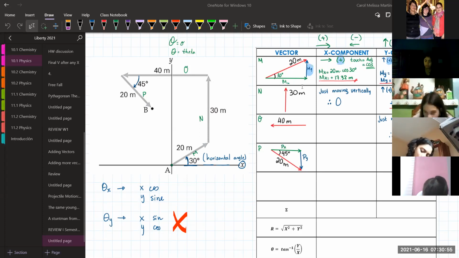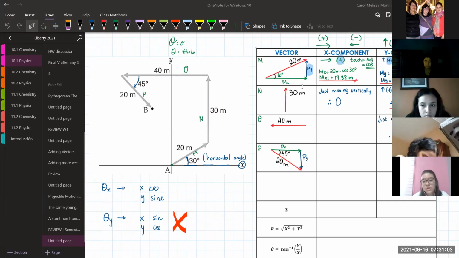And now remember the x component. This one is going to the left, and if it goes to the left, the sign for the x component is negative. So here you will indicate that this vector, because it goes to the left, is negative.